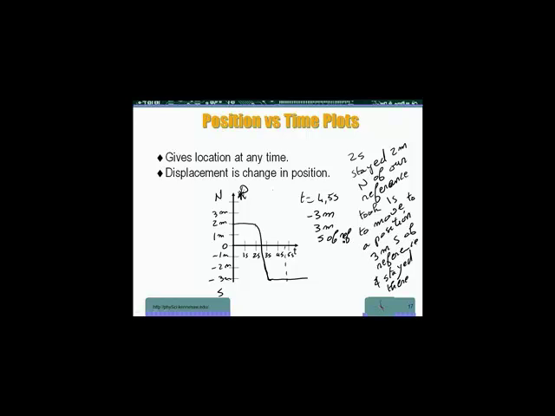Where was the person at 2.1 seconds? Okay, there we have to do some approximation. 2.1 is probably here. We are going to say the person was about 1.8 meters north.